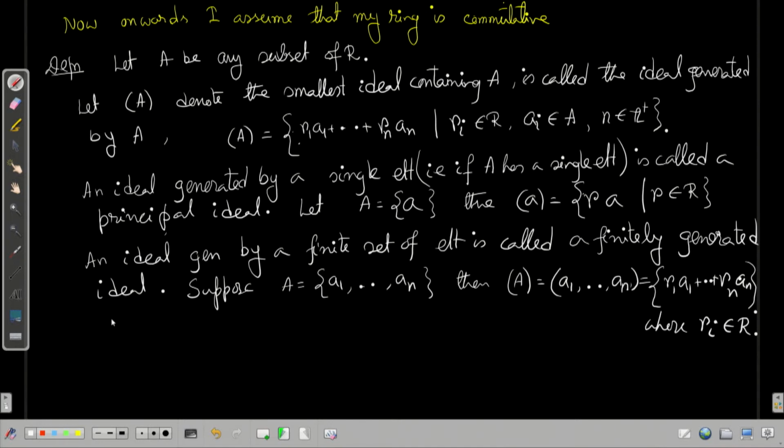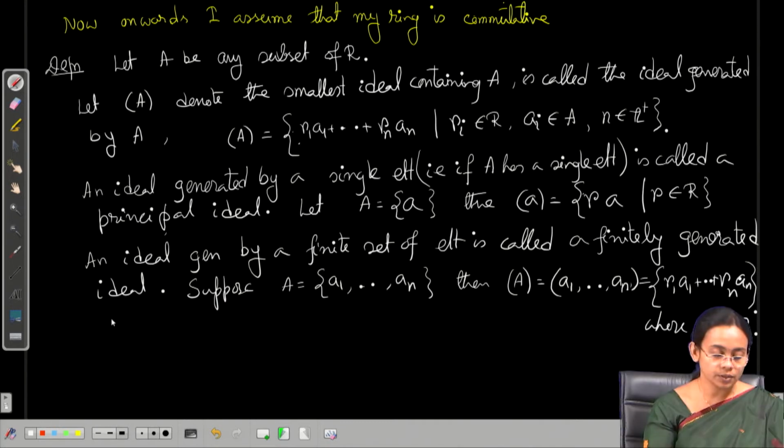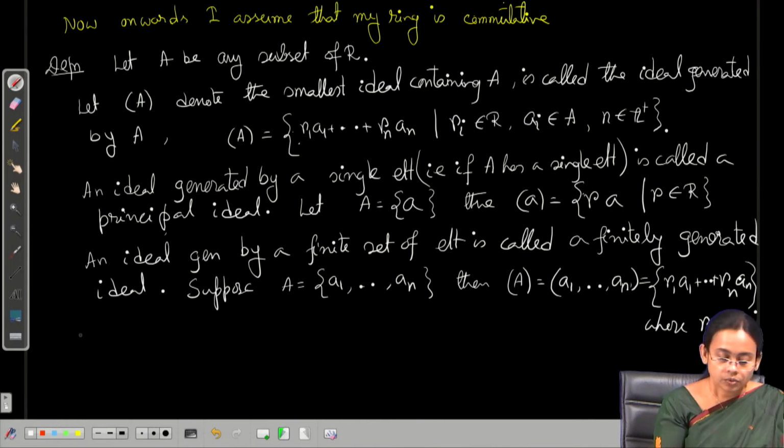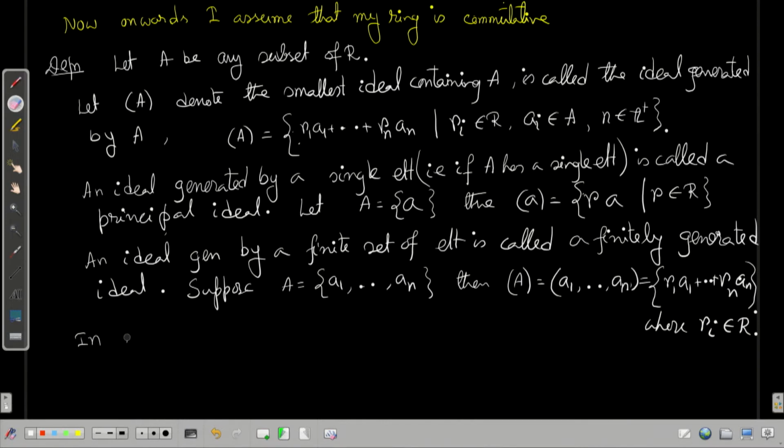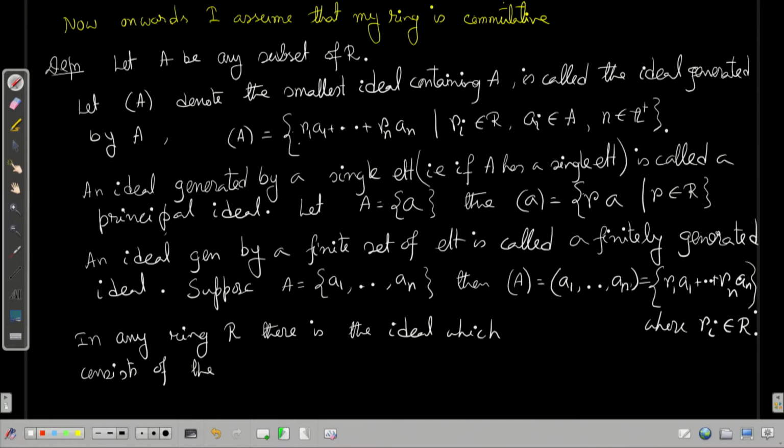Now, in any ring there are two ideals already there, one is the 0 ideal, another one is the whole ring. So, in any ring R, there is the ideal which consists of the singleton element 0.